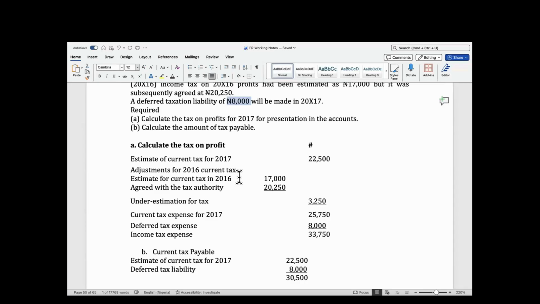If it is for the current year, we account for it, whether it's minimum tax, development levy, or education tax, we don't really care about that. They are all corporate or company income tax, and we recognize it the way I've explained to you as current taxes for the year.